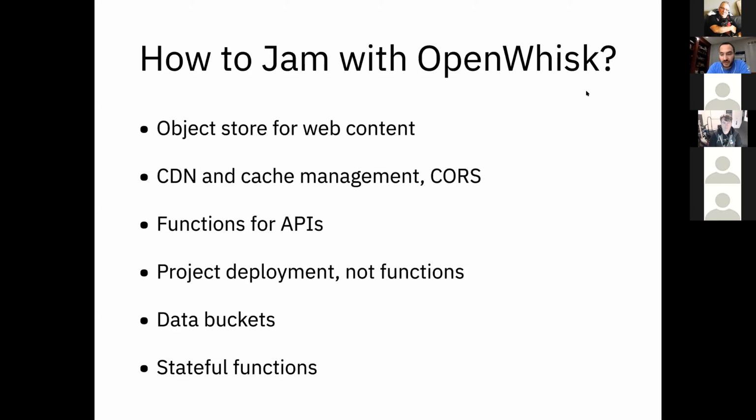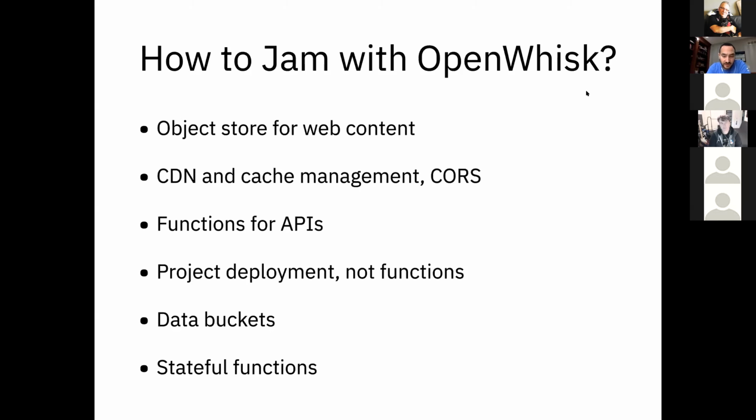That's delivering an object store where static contents are stored, fronting those stored contents by a CDN, having some cache management policies, dealing with CORS. Obviously, you want to use functions for APIs, and there's where you leverage some of the OpenWhisk power with respect to the programming model and the ability to choose the right language for the job or for the developer.